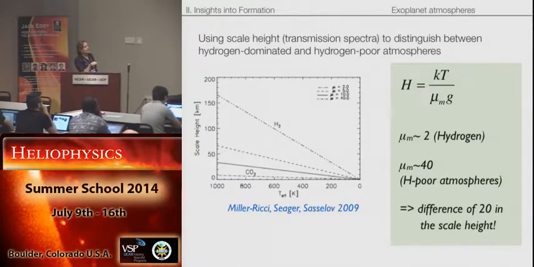So mu is just the mean molecular mass, or atomic mass, and in the case of hydrogen, mu would be 2, and in the case of something like carbon or heavier elements, mu could be as high as 40. So distinguishing between these two cases, these give you scale heights that vary by a factor of 20.